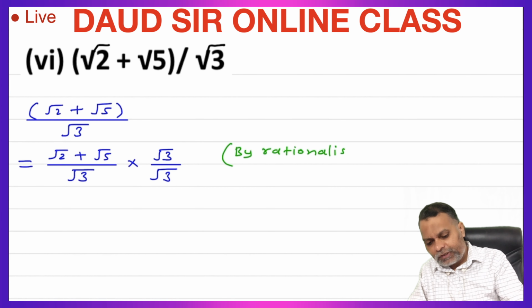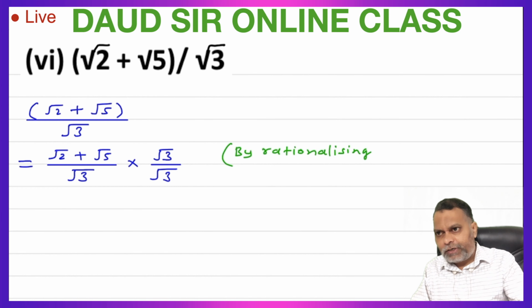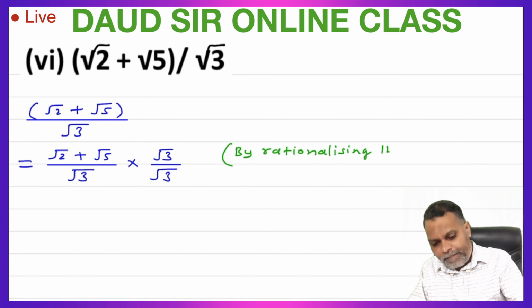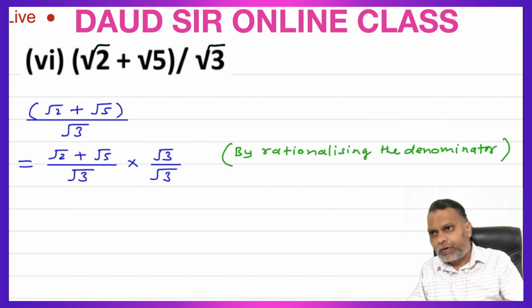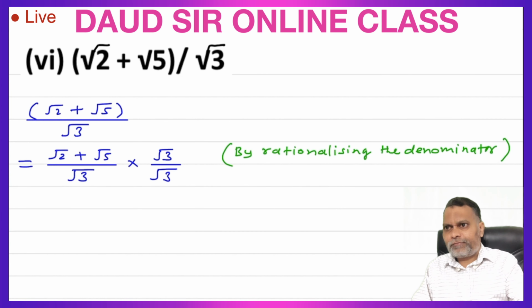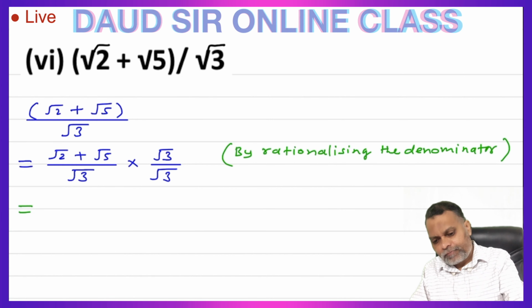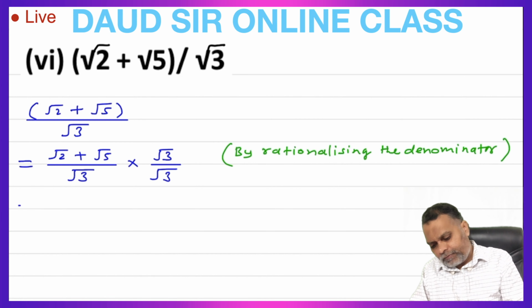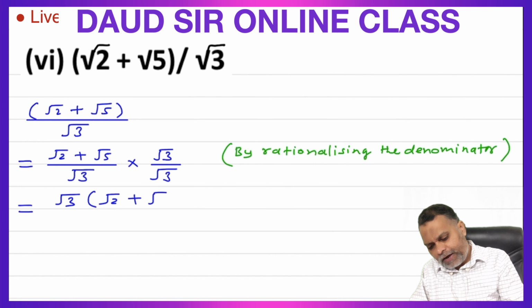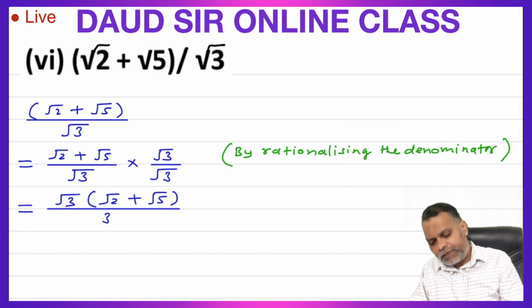Rationalizing the denominator. Simplify this, which is equal to root 3 into root 2 plus root 5 upon root 3 into root 3, 3.